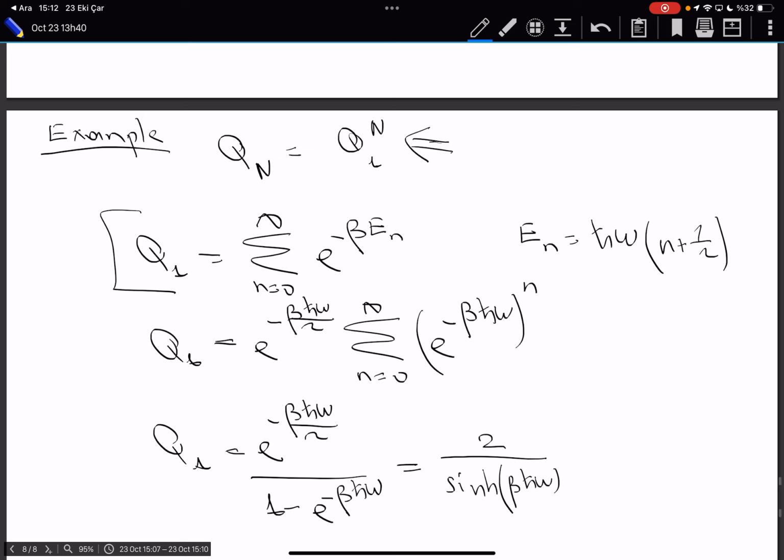Hocam, is this also valid for perturbed cases? Well, it depends. For example, I gave you the example of a solid. So what happens in a solid if you heat it? Each oscillator is oscillating around its equilibrium point. If you heat them, they will start oscillating wilder and wilder. They will be displaced from their equilibrium point more and more. Eventually, they will be able to overcome their potential barrier.